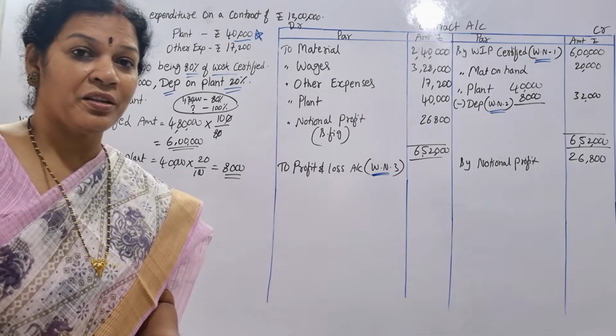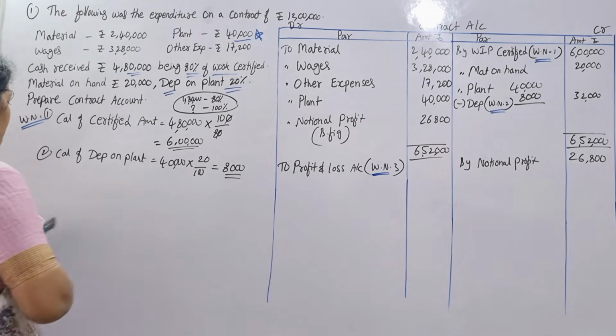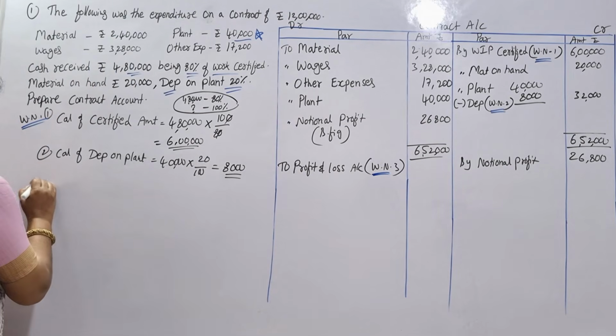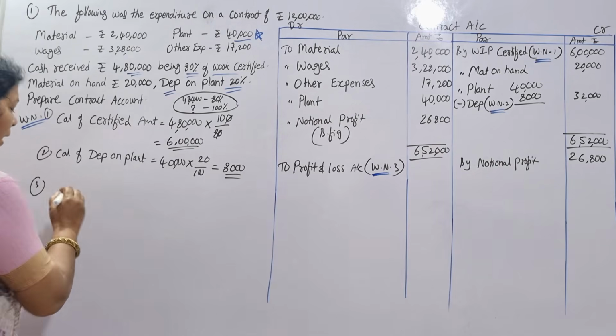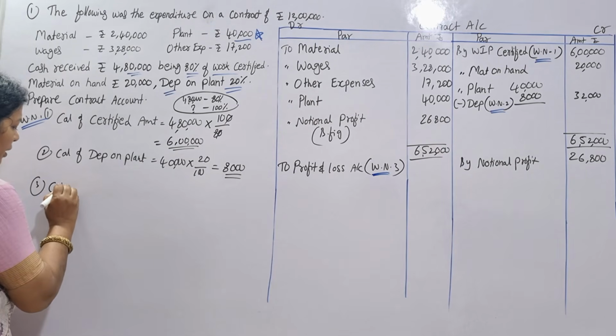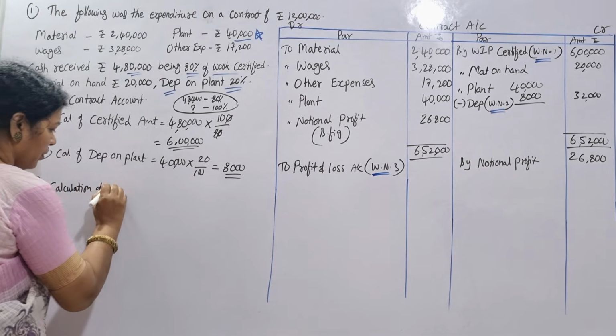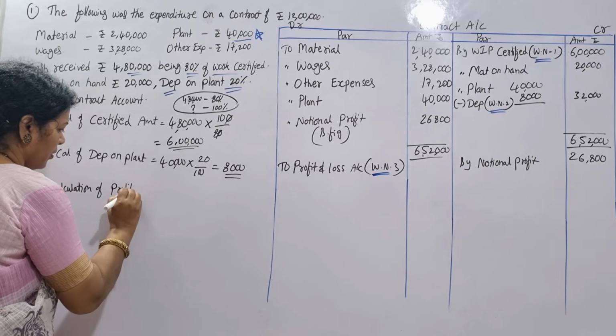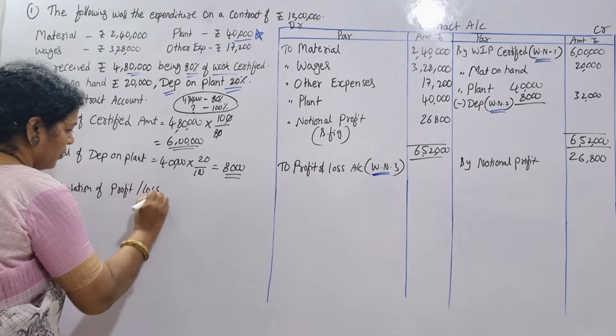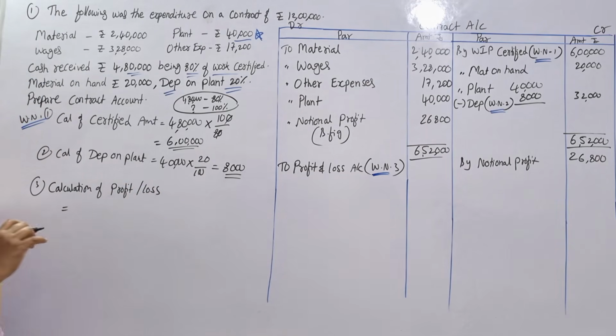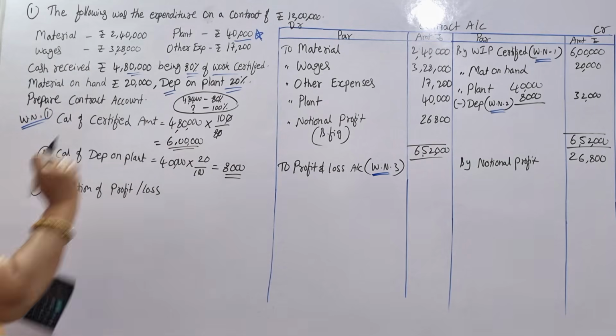Whether we have to take 1/3 or 2/3, right? So, calculation of profit or loss. For this, as per the formula, first we'll take the notional profit.